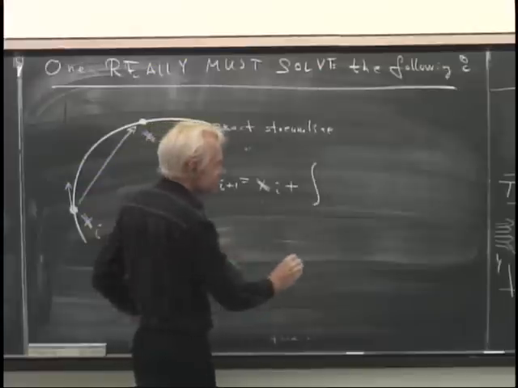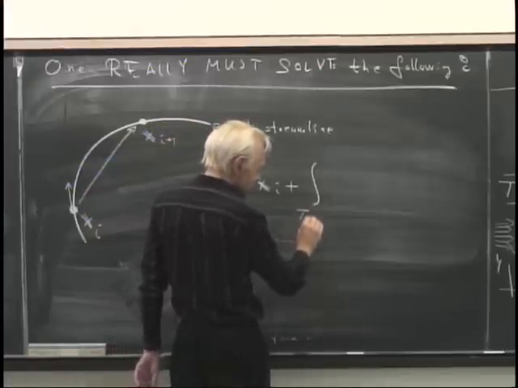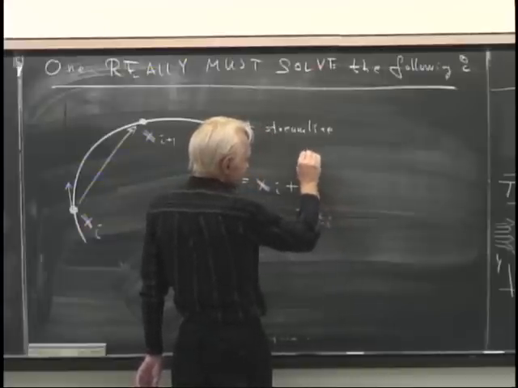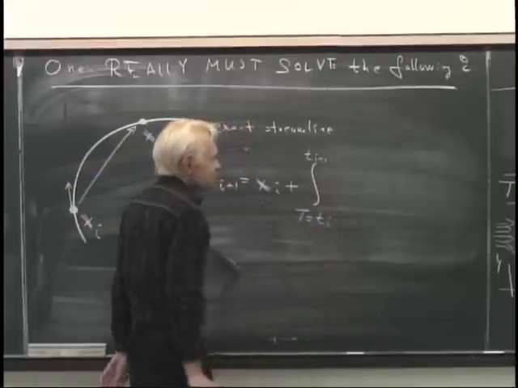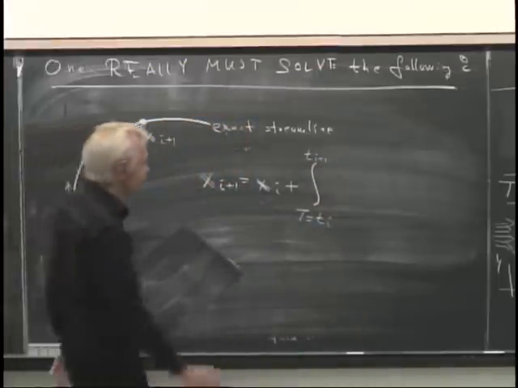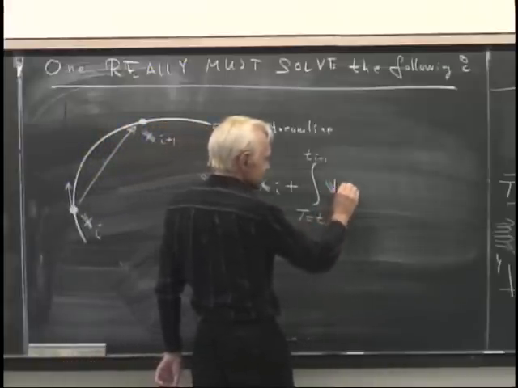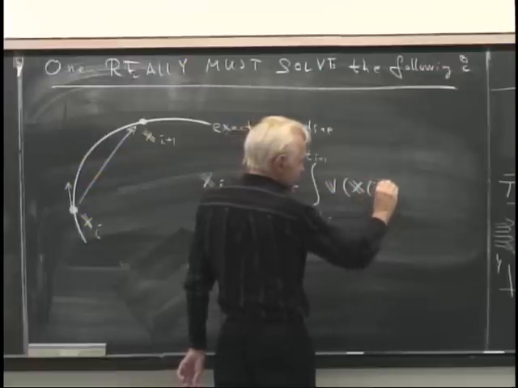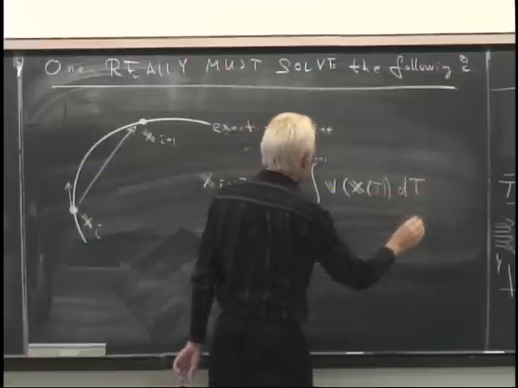I integrate over time, capital T, from ti to ti plus 1. What do I have to integrate? I integrate little vectors along the curve: velocities at locations x, which depend on time, times differentially small times.